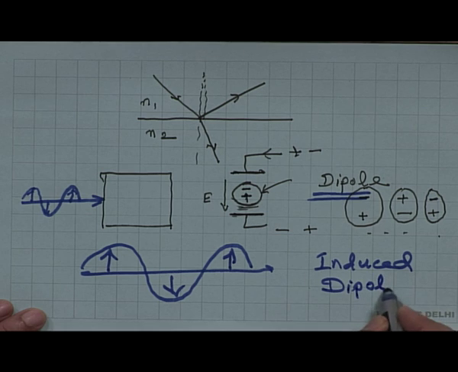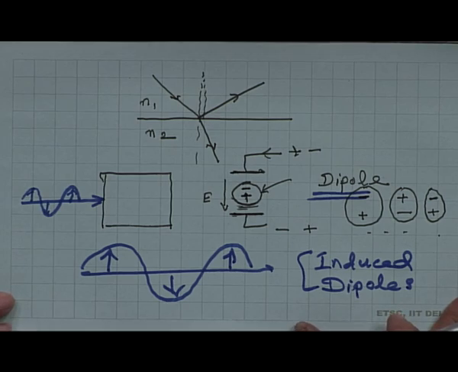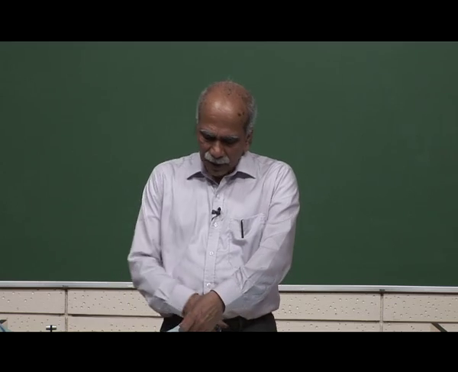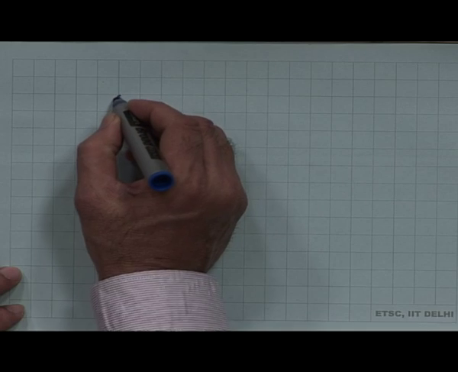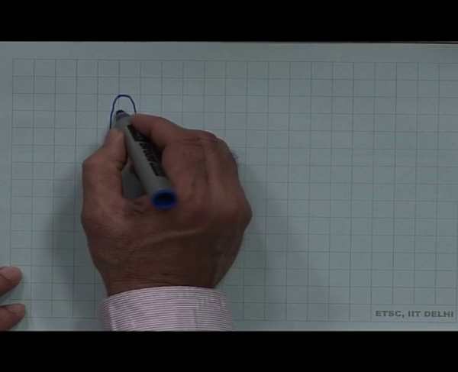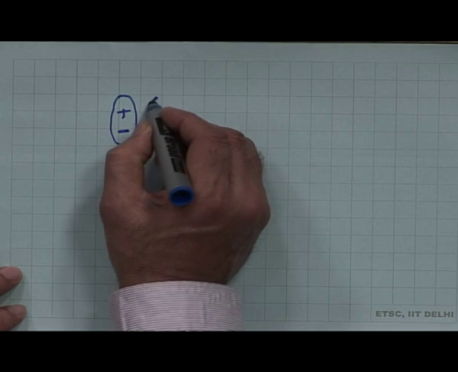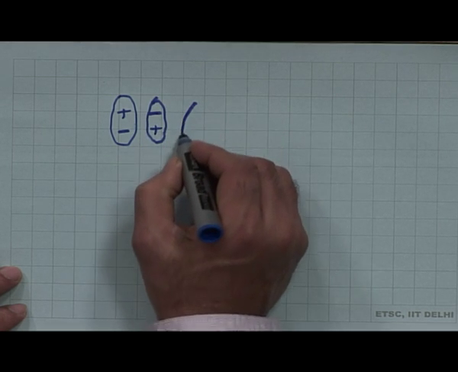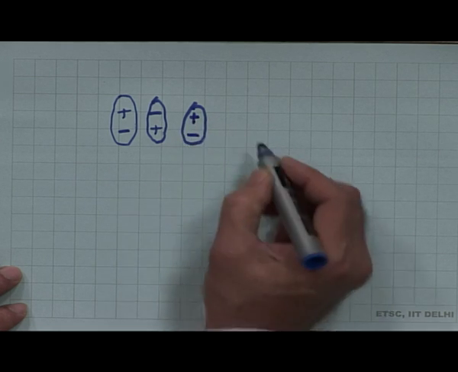This is beyond the scope of our discussion, but just for the sake of completeness, let me describe it very briefly. If I show the induced dipole here, that is with the charge like this and changing at a later time like this, because the electric field is varying at a different time and so on.